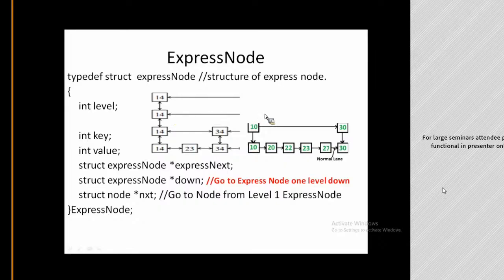Assume that the next node in the next layer here is 75. 23 is lower than this, so I come down. From here, the next is 34, so from here I come down to the normal lane.